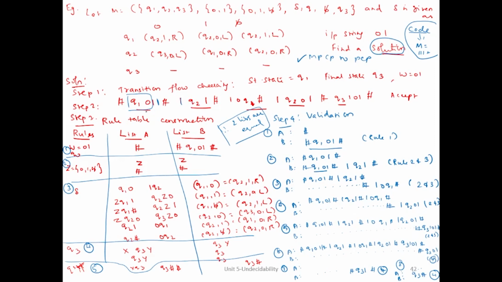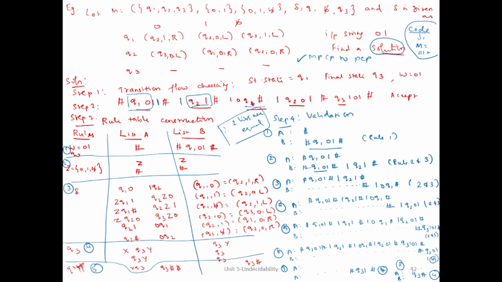So 1 Q2, and the remaining symbol is 1. Now I want to check Q2 1 from the table. Q2 1 gives Q1 0 to the right. So instead of 1 you write 0, and Q1 is written to the right of 0. So this is Q1, and there are no values after 1, only the hash symbol.